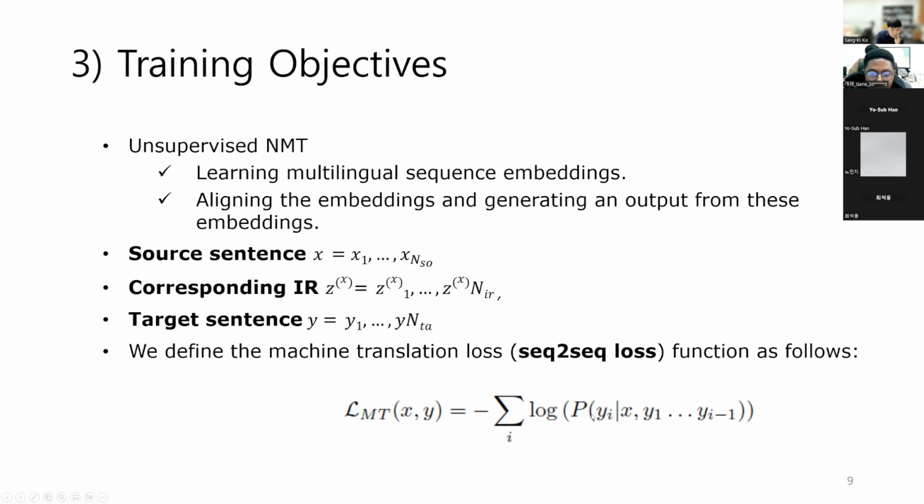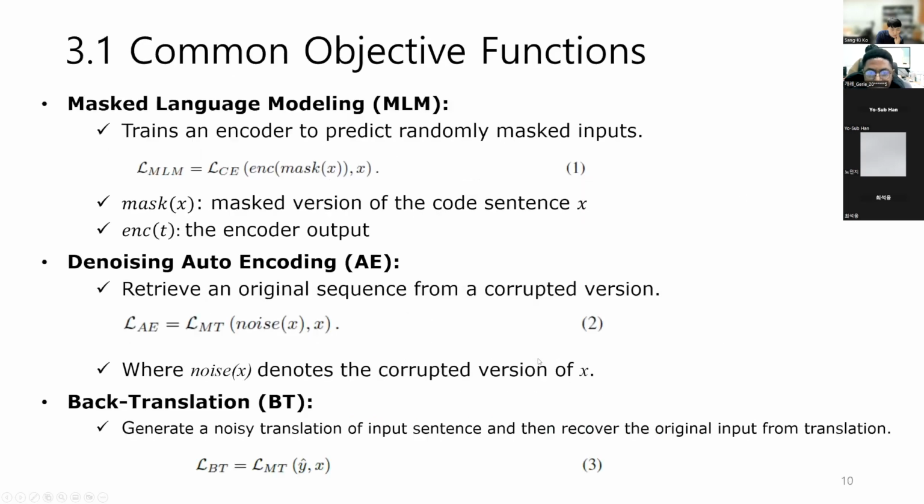This paper uses the machine translation loss function. There are three common objectives of unsupervised machine translation. All these objectives are derived from the baseline model, TransCoder. The masked language model is a BERT-like model.